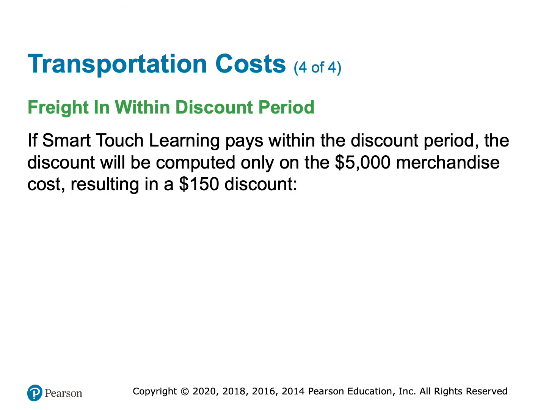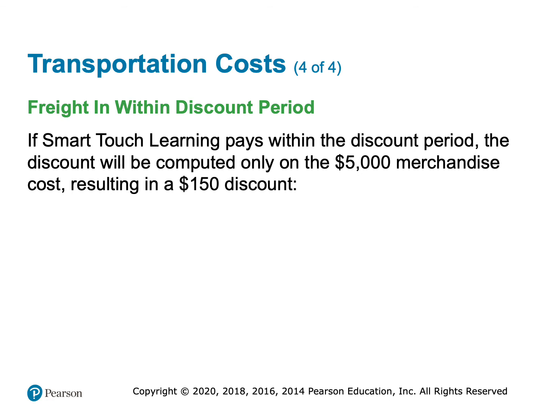Now, assuming that we pay within the discount period, we're going to take a 3% discount, but not off of the full 5,400. We don't get the discount on the shipping. We only get the discount on the goods. So we'll take a 3% discount off of 5,000, which is $150. 5,000 times 0.97 is 4,850, or 5,000 times 0.03 is $150 discount.